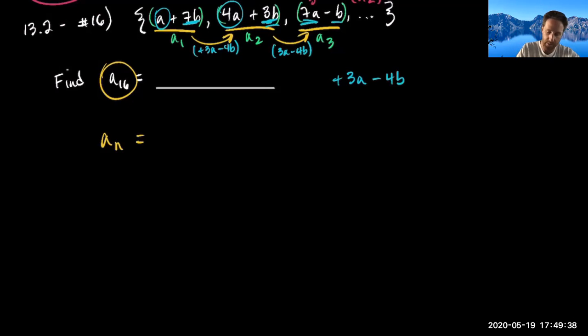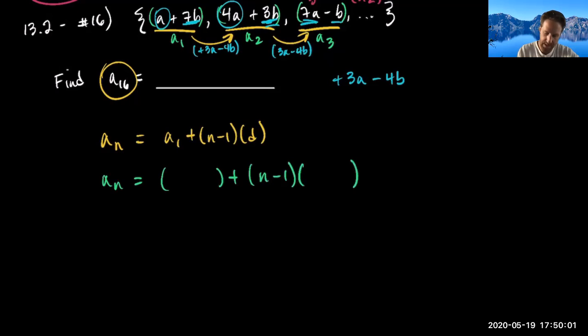And the formula that we use any time it is arithmetic, this is the formula that we can use. Now, again, this is not a recursive formula, so a sub n equals a1 plus n minus 1 times d, the common difference. And the only two things you need to know are what a1 and that common difference d are.